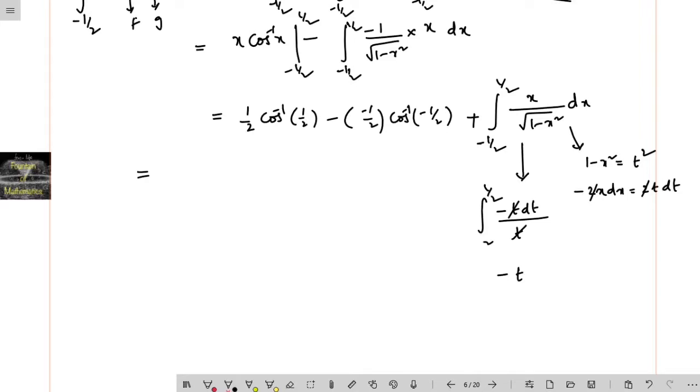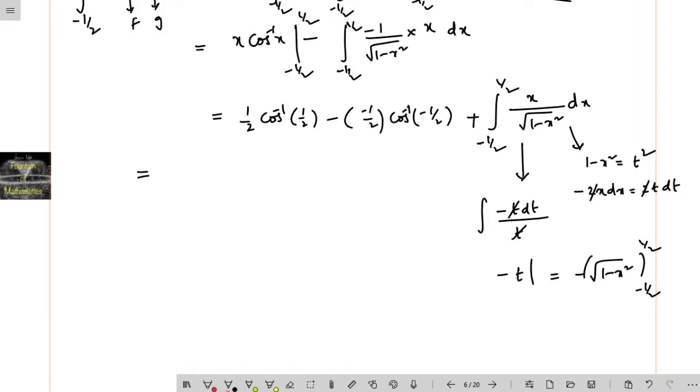We are supposed to change the intervals also, but to avoid wasting unnecessary time, if I convert this back in terms of x, it is minus root of 1 minus x square with the same limits, minus 1 upon 2 to 1 upon 2.